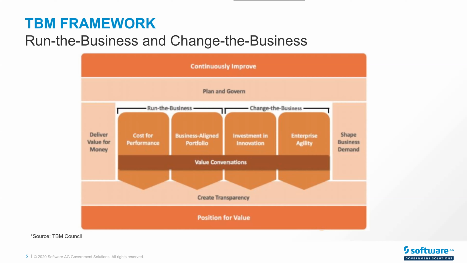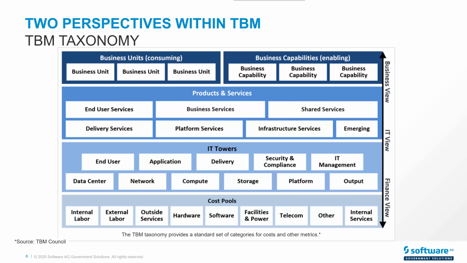So this is the actual TBM framework, which is talking about how you manage and continuously improve, continuously position for value. This is the taxonomy that is the categorization set of objects that we account for cost. And at the bottom, this is where we bring in the cost that we incur from the ledger.